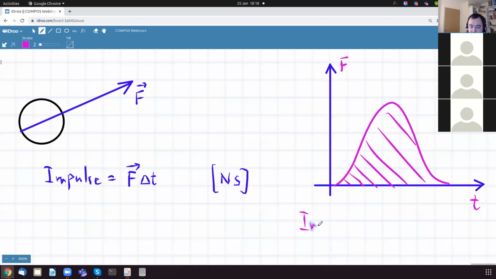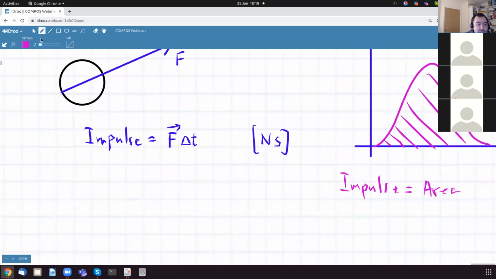Impulse is the area. But also, impulse, on the other hand, is equal to the change in momentum of the object.